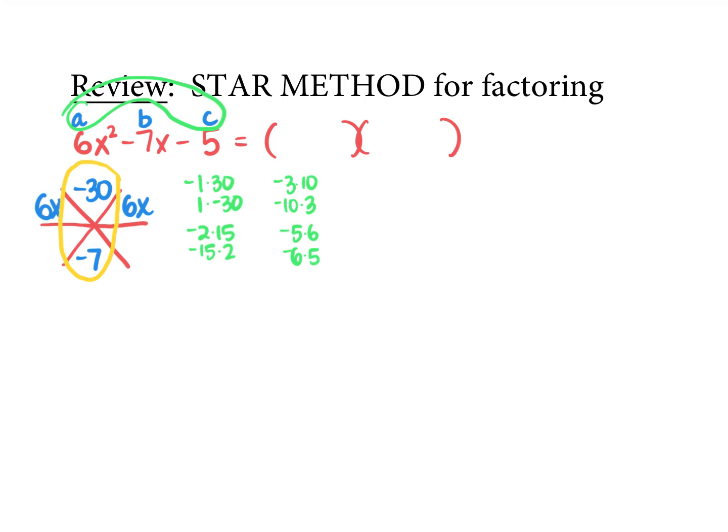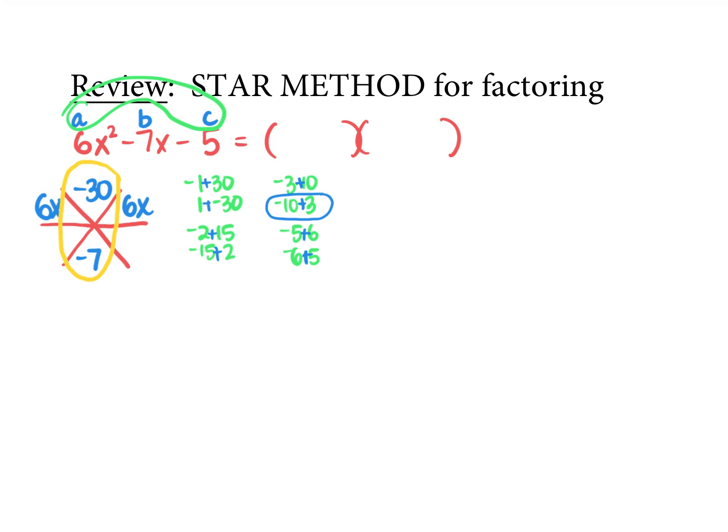Those are all the ways that you can come up with -30 as a multiplication, but only one of those ways also adds up to -7 at the same time. So if you look at all those combinations and change them all to addition signs, only one of them adds up to the right thing. So that's -10 plus 3.